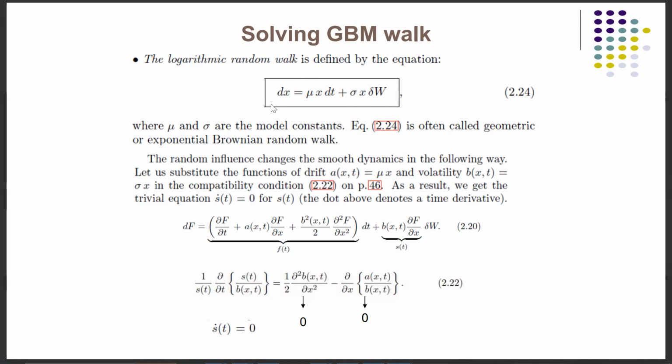So we have this geometrical Brownian motion, you remember, and function a in our case is this function, and this is function b.